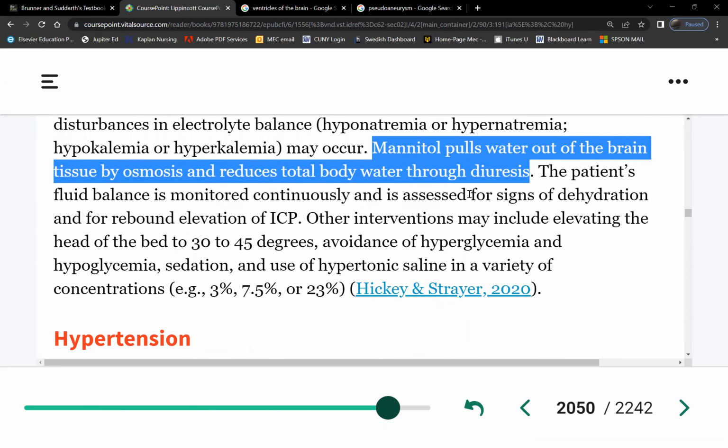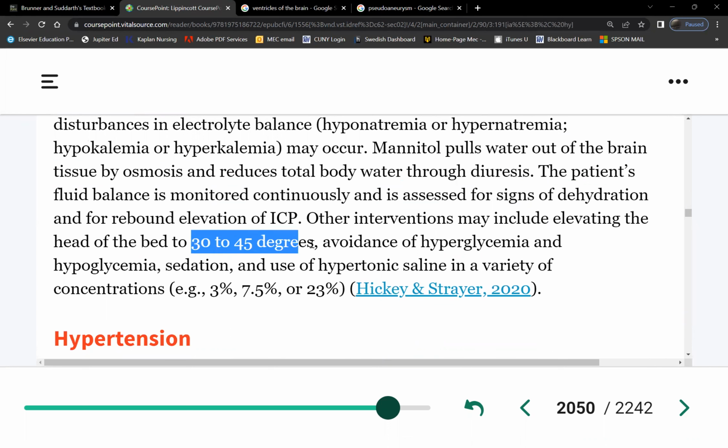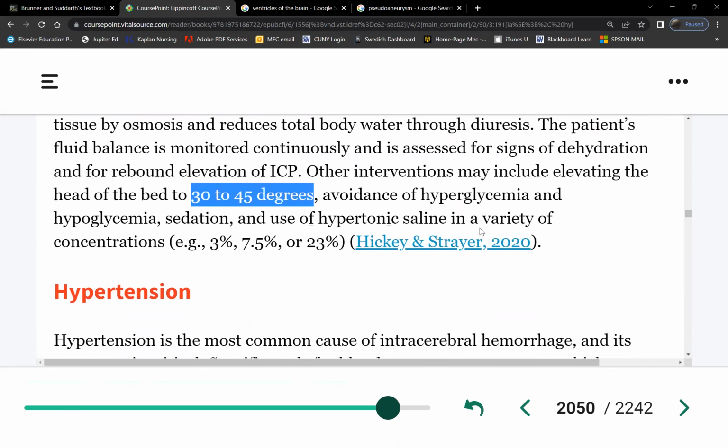Other interventions besides mannitol is the head of the bed elevation. We described this last week, 30 to 45. 30 is the best. 45 would be your maximum. The benefit of this is, can you explain to me how does this decrease ICP?